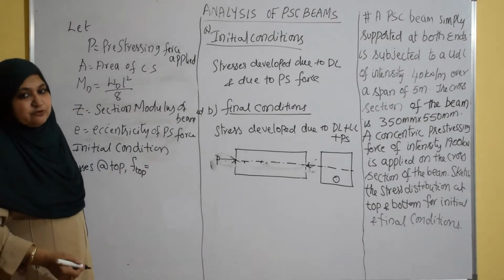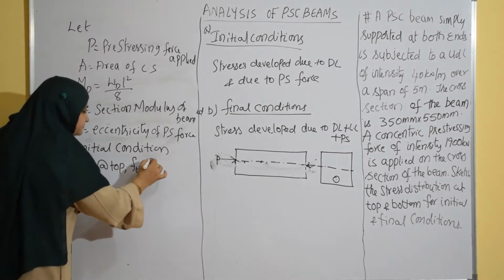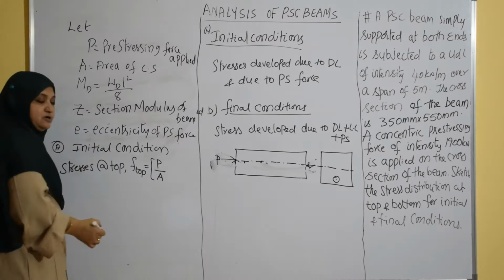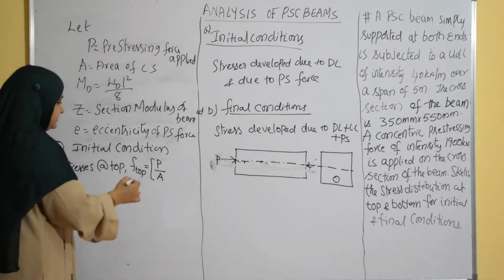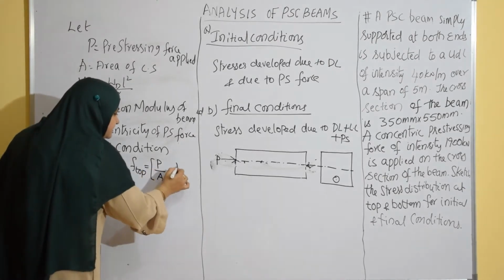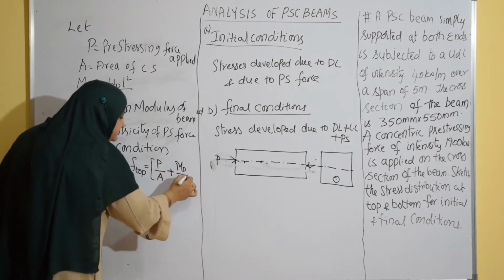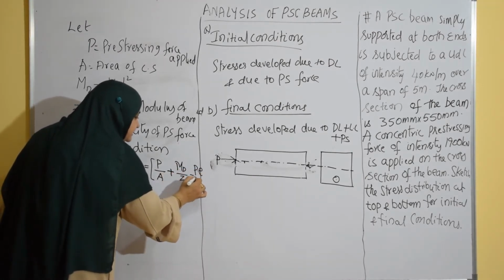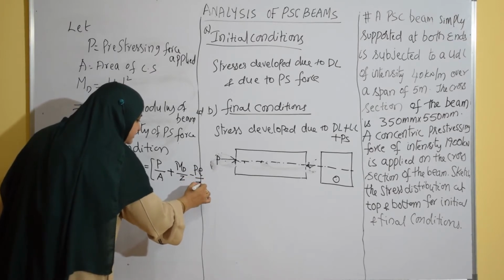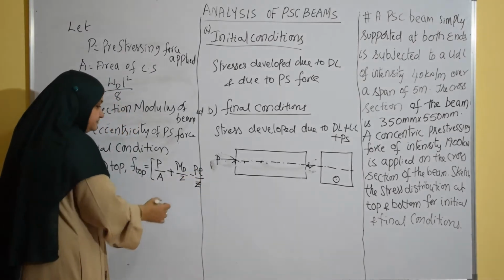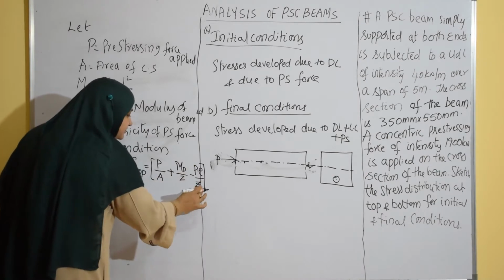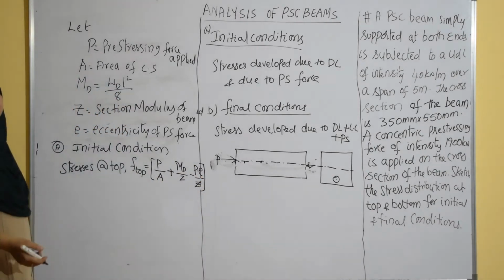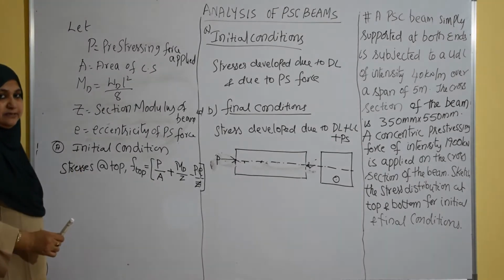So F top is equal to the stress due to the pre-stressing force, P by A, plus dead load bending moment by section modulus, minus, if eccentricity is there, eccentricity will also induce bending moment. P into E is the bending moment due to eccentricity. So this will be the net stress at top. This is the initial condition. There is no live load bending moment.